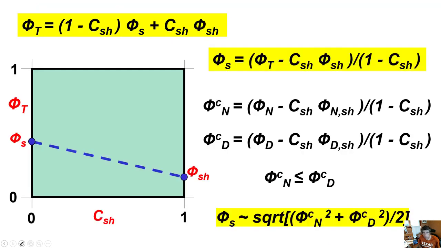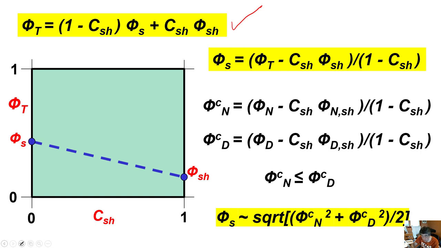How does it come? Very simple. Let me just explain to you. That equation will come in a minute, so that you know that it's not coming from thin air, just by looking at the mixing laws. So let me remind you, the mixing law for porosity and volumetric concentration of shale is here.